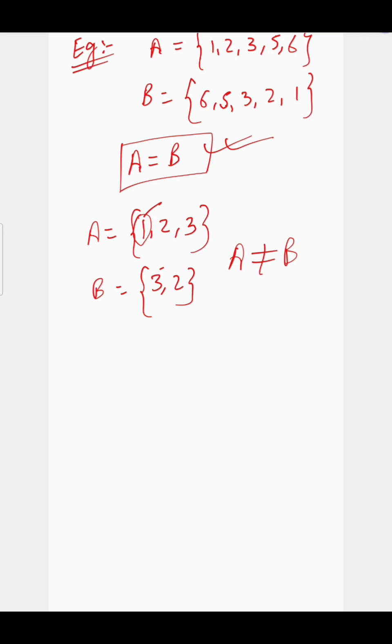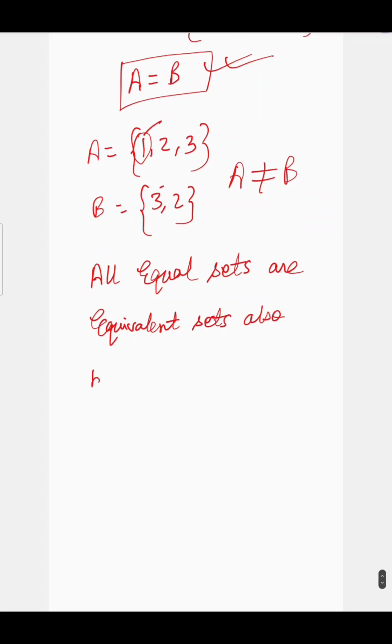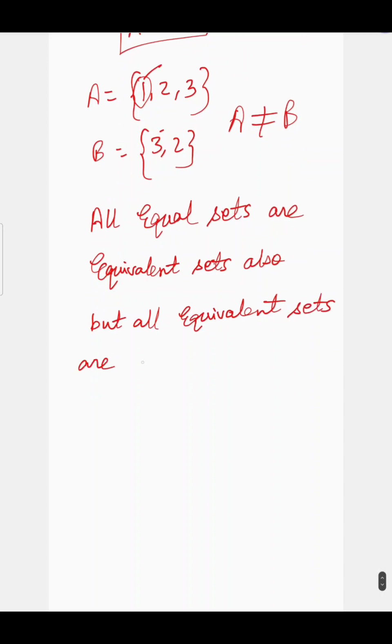That means all equal sets are equivalent sets also, but all equivalent sets are not equal sets.